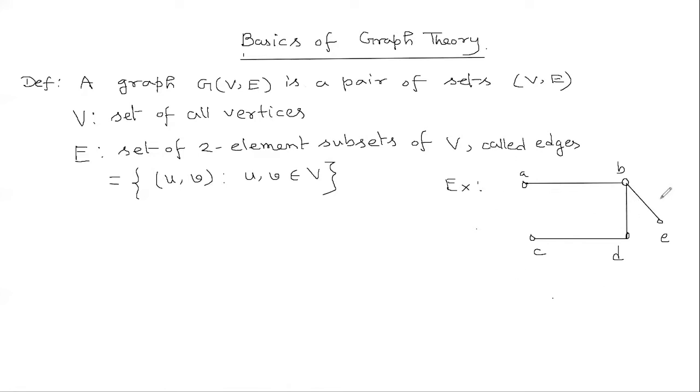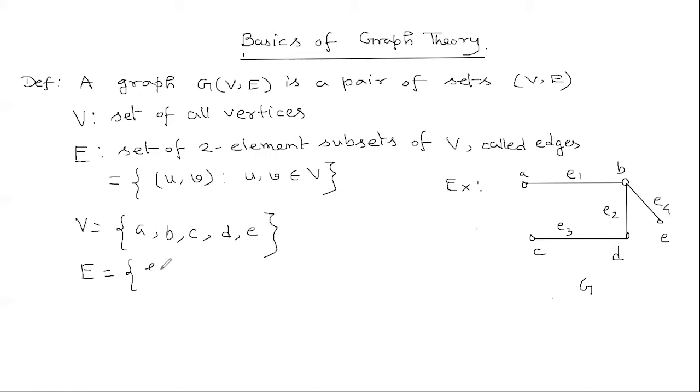For example, this is a graph where we have the set of all vertices as A, B, C, D, E. These are the vertices, and the set of all edges, say E1, E2, E3 and E4. So here we have four edges.